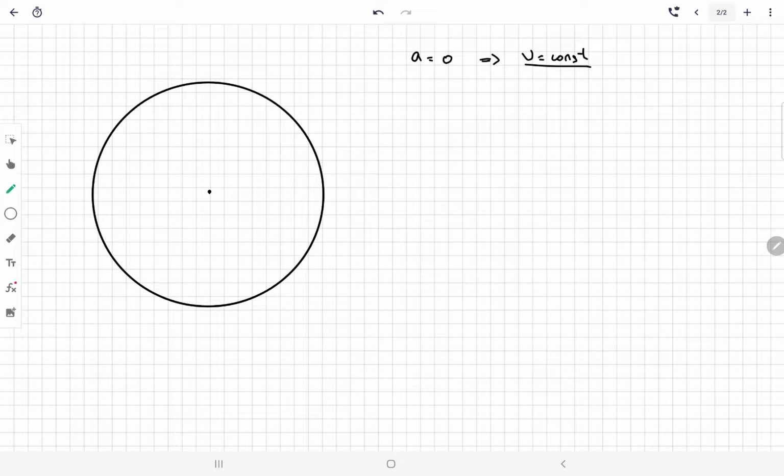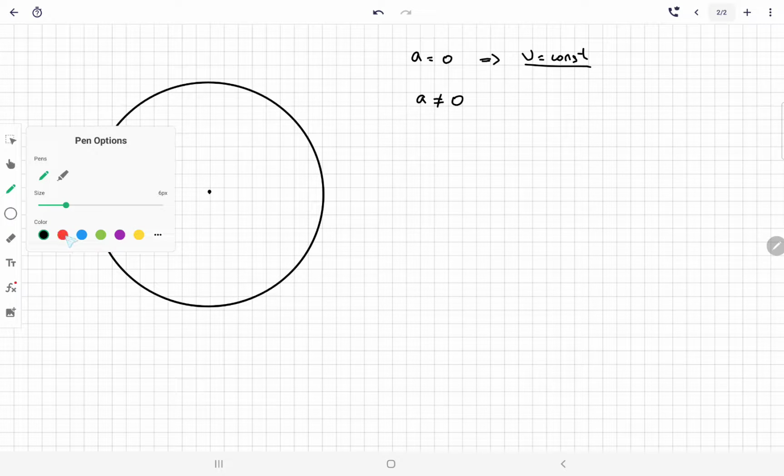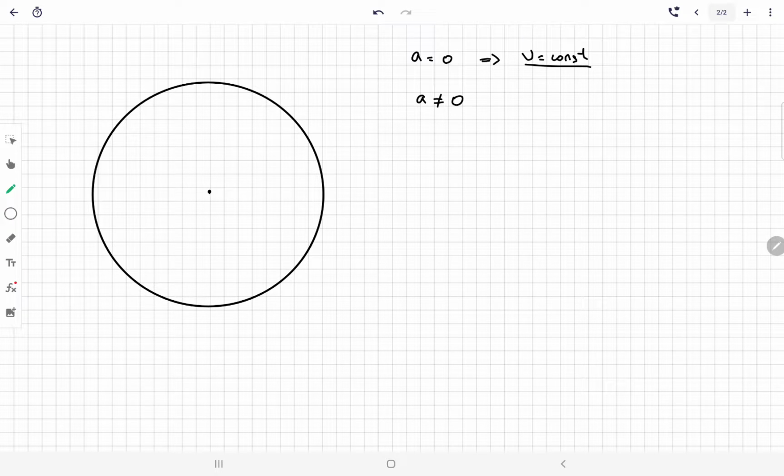But here we don't have a constant velocity. Velocity is always changing. It means acceleration cannot be equal to 0, because velocity is not constant anymore. It's rotating. So how can we calculate or estimate this acceleration if it's not equal to 0?